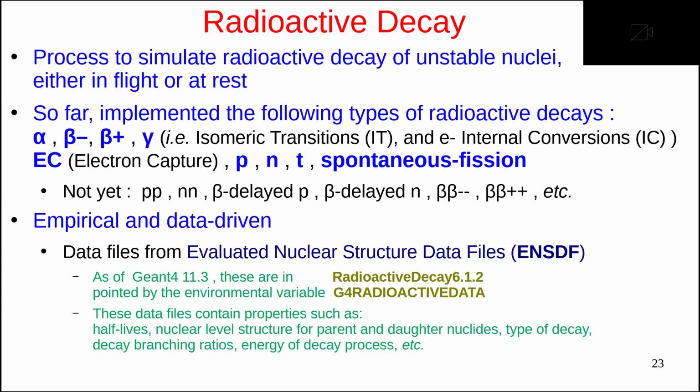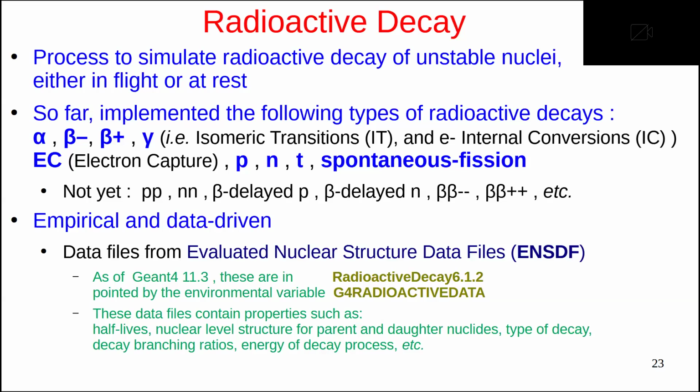So far in Geant4, we have the following types of radioactive decays: alpha, beta minus, beta plus, gamma, which is also called isomeric transition, and includes also the emission of electrons, the internal conversion, which is essentially the emission of orbital electrons, but due to the nuclear de-excitation, not atomic physics.